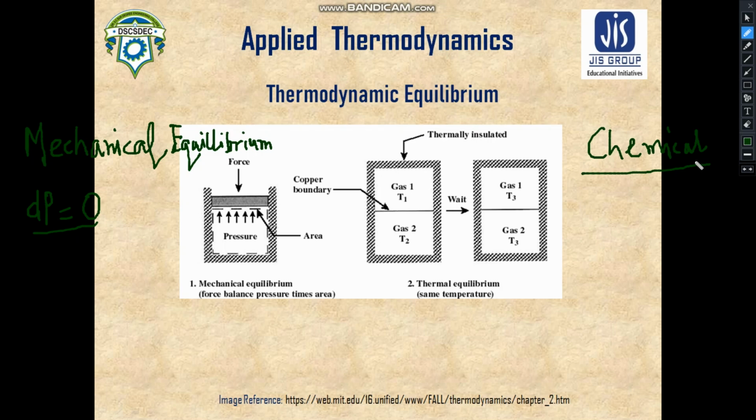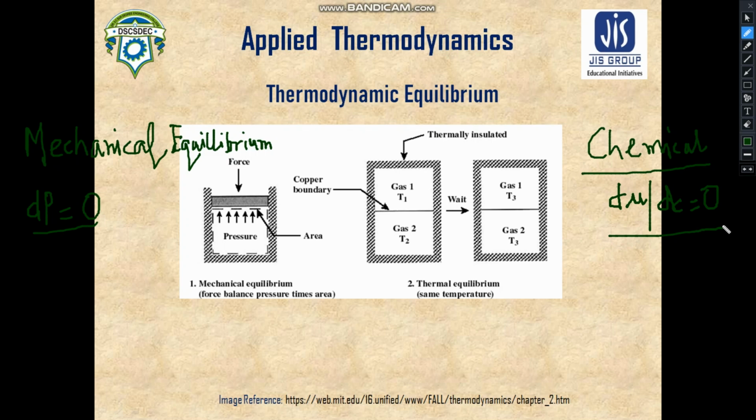So these are things I am saying more and more times, so that you can become accustomed with the thermodynamic equilibrium criteria. Okay, so we can also write d mu or dc equal to 0.